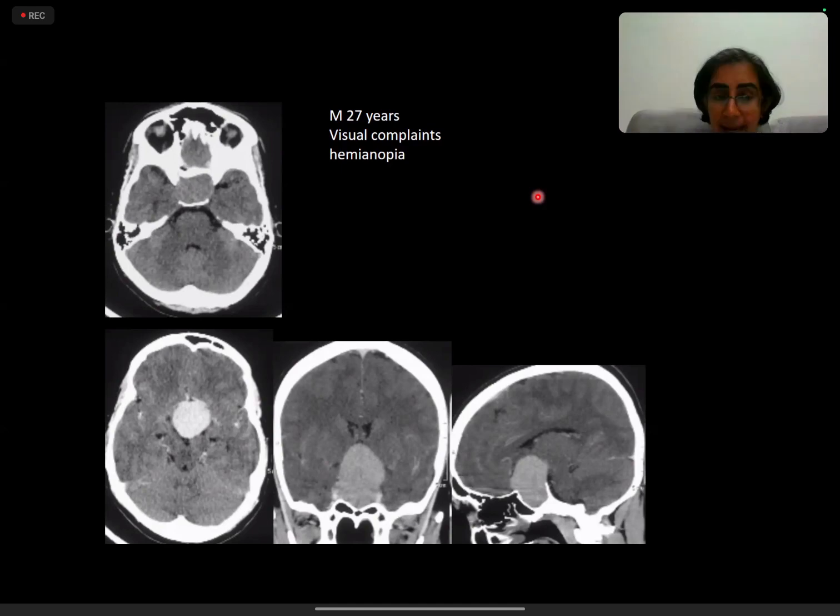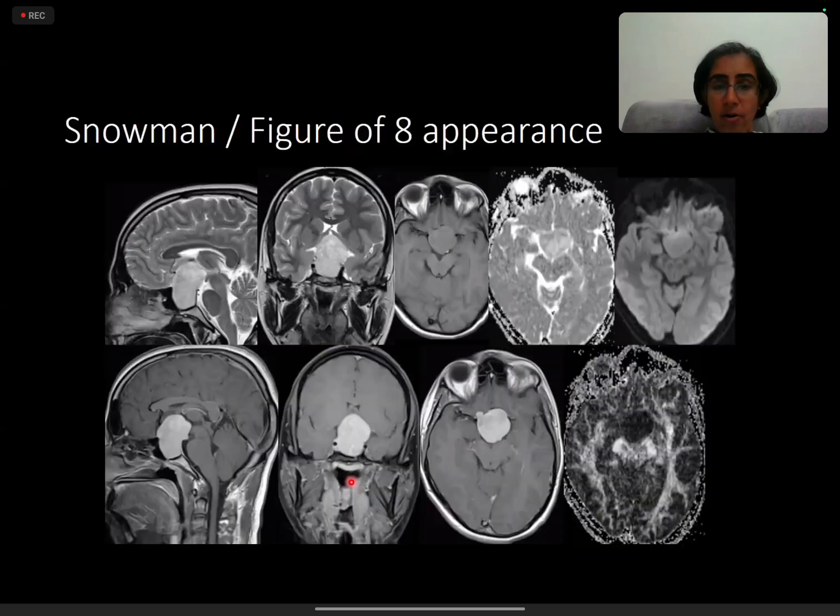This is a CT scan. In this image we are seeing the coronal reconstruction. It is having a snowman appearance or a figure of eight appearance. It is most likely a macroadenoma, and it did turn out to be a macroadenoma. Here is another patient with a macroadenoma with a large sellar suprasellar lesion with widening of the sella, and more importantly, we are not seeing any normal adenohypophysis parenchyma adjacent to it.